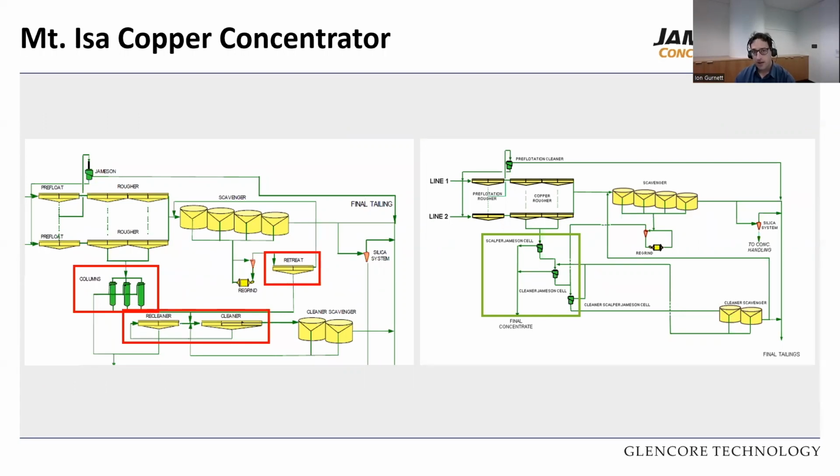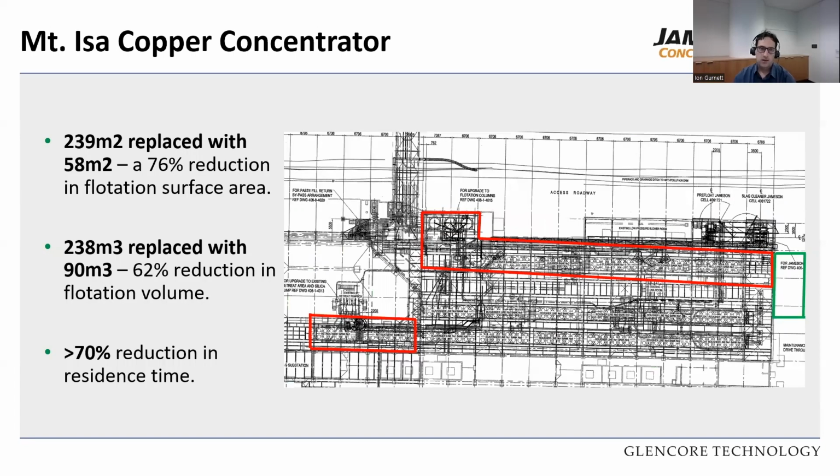These are based on a scalper, cleaner, and a cleaner scalper, all producing the final concentrate. In this example, we found that there was a 76% reduction in flotation surface area by replacing these cells with 3 Jameson cells. We found a 62% reduction in flotation volume and a 70% reduction in residence time.